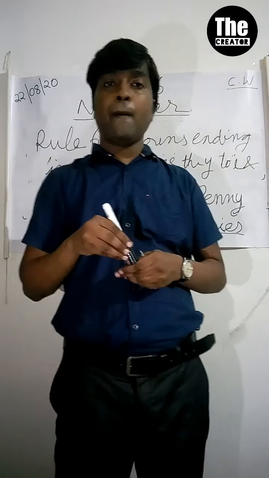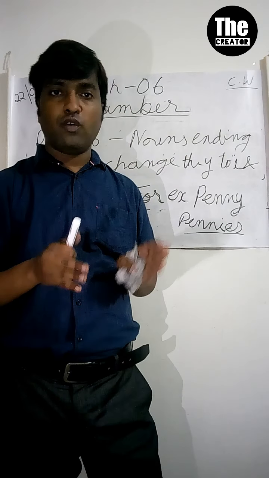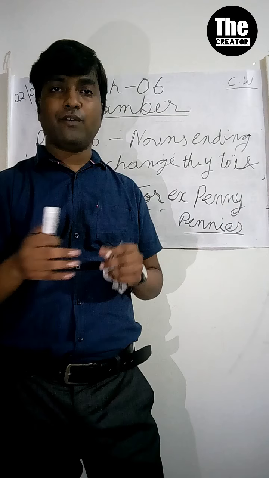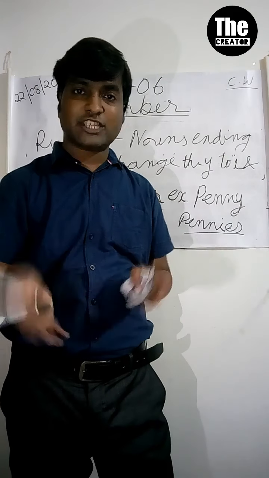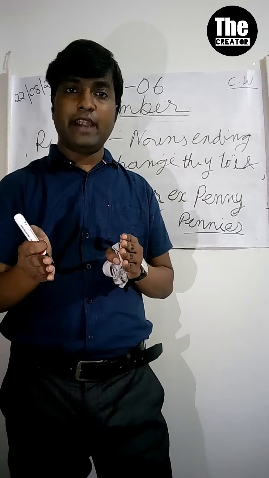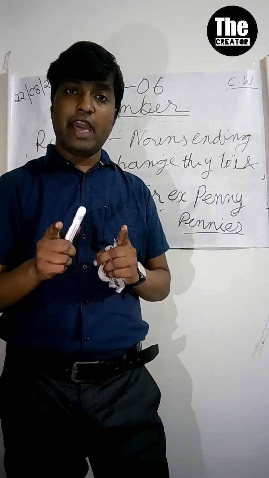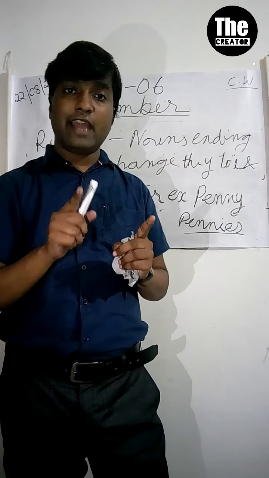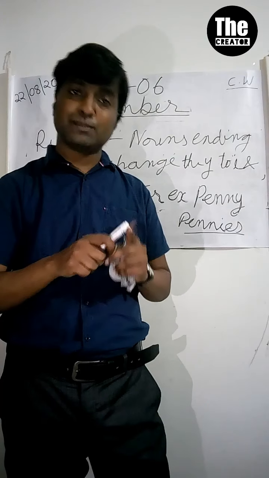Now this was the example of rule number 6. Likewise, one more example, spy. You just need to remove Y from the spy, then add IES. It would be spies.